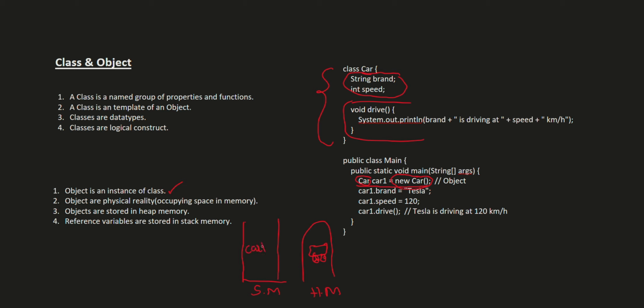The car1 reference variable is stored in the stack memory, and there is a pointer from the reference variable to the actual object in the heap memory. So I think we are clear with class and object.